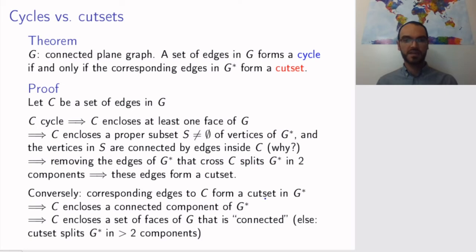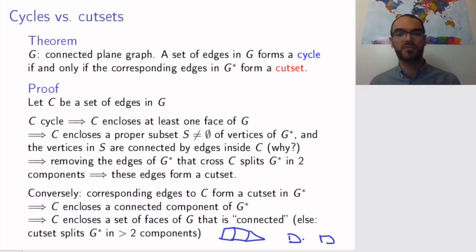But because vertices of G star correspond to faces of G, this means that C encloses a set of faces in G. And these faces have to be connected in the sense that they touch each other. So they must look like this, and not like this with some space, with some other stuff between them. Because otherwise, removing this cutset would split G in more than two components. So this cannot happen. And therefore, this face set is connected.